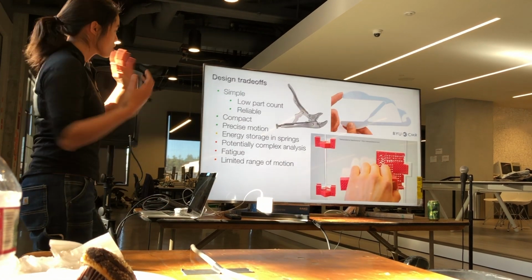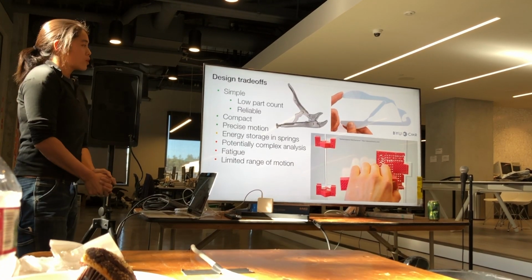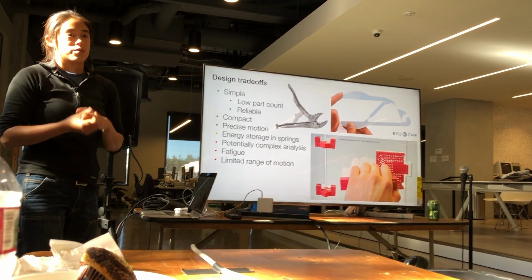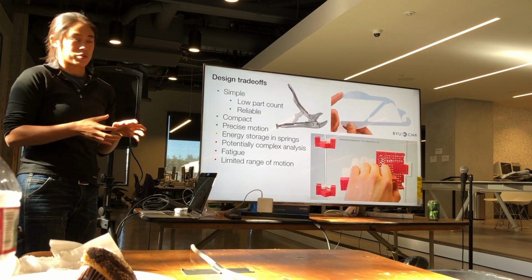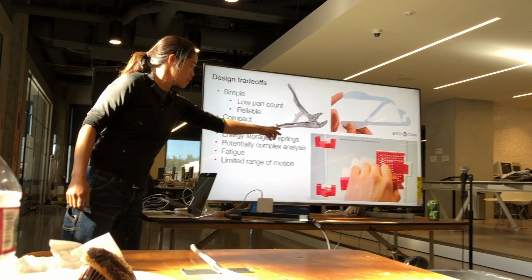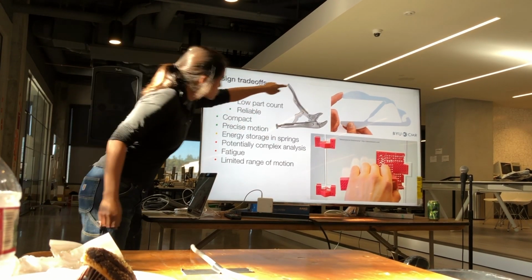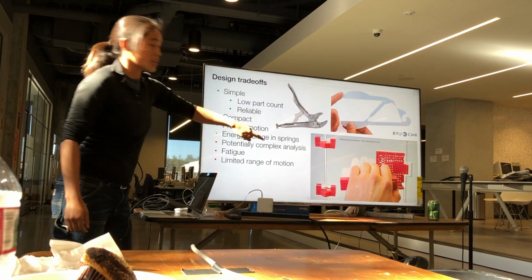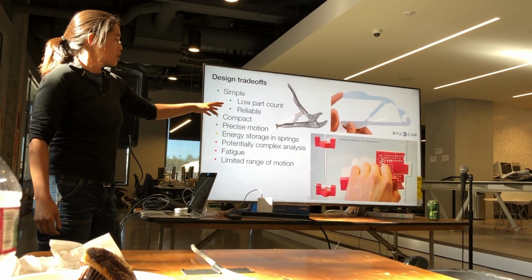Okay, so first off, often with flexures, there's an opportunity to make mechanisms that are much simpler. So this vice grip, for example, if we count the parts, you have minimum 1, 2, 3, 4 parts in addition to a whole bunch of pin joints.